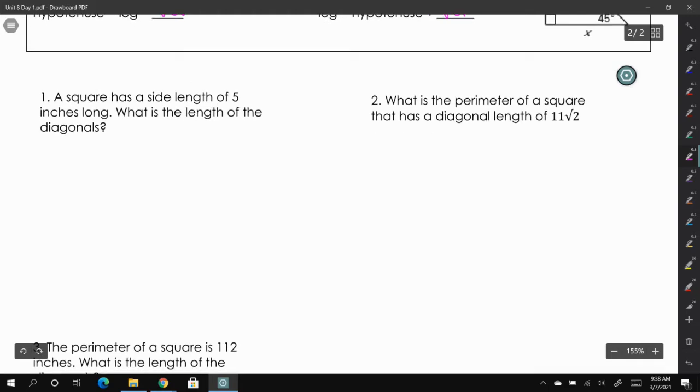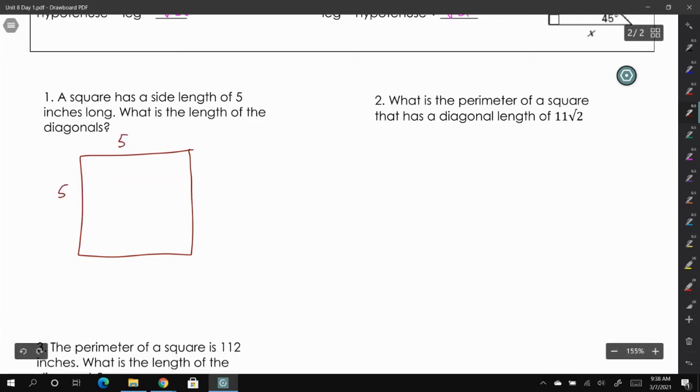So number 1 here says a square has a side length of 5 inches long. What is the length of the diagonal? So let's draw a picture. And we know a square has all sides congruent. We also know that when I make a diagonal, what happens is that this angle is 45 degrees and this angle is 45 degrees.